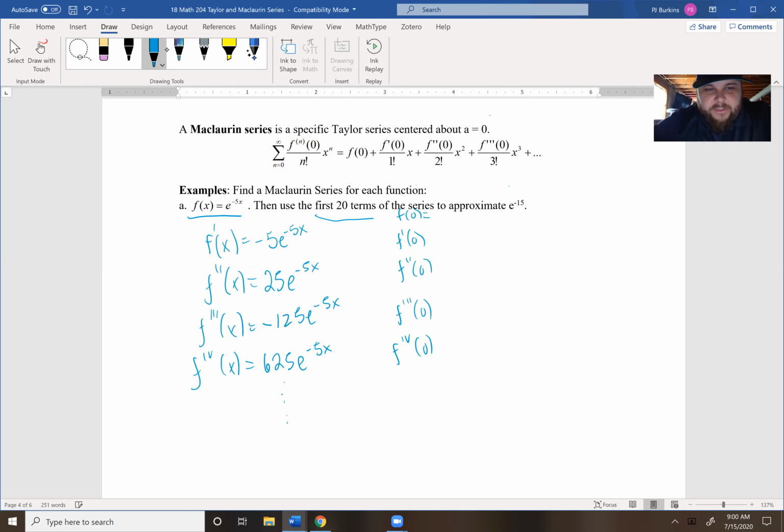So the original function, e to the minus 5 times 0, that's going to be e to the 0, or 1. So each one of these, the exponential is just going to go to 1. So basically, we just get the coefficients.